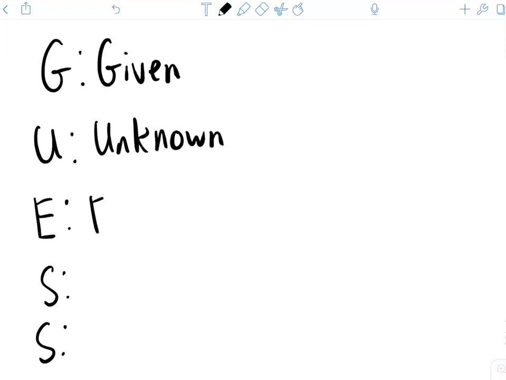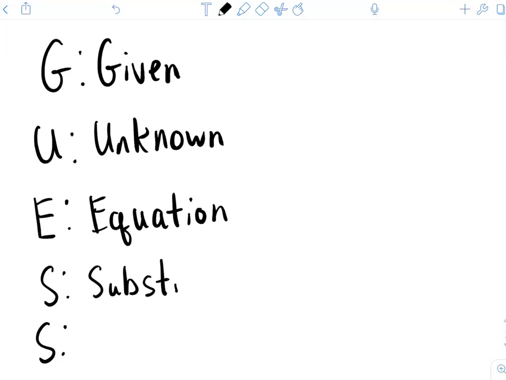And the GUESS method is your given, unknown, equation, substitute, and solve. And yes, you have to show all of these steps for each of your percent error problems.